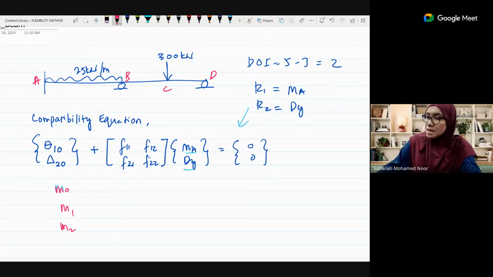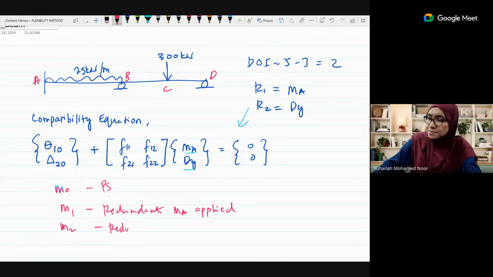M naught is for the primary structure. M1 is for redundant 1, which is redundant MA applied. And M2 is for redundant 2, which is redundant DY applied.